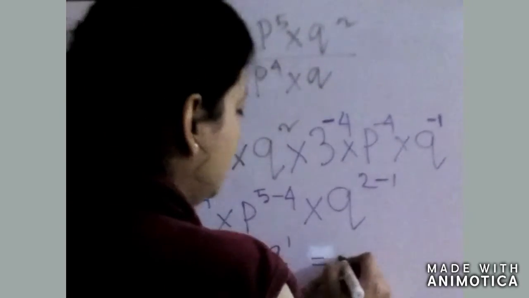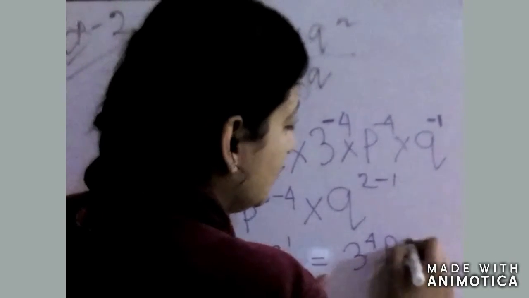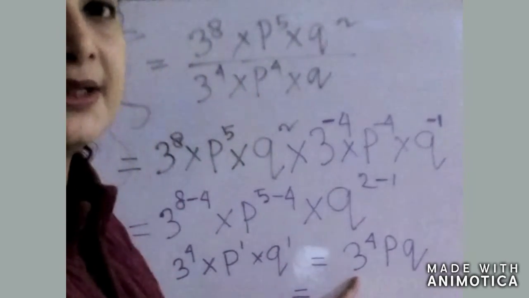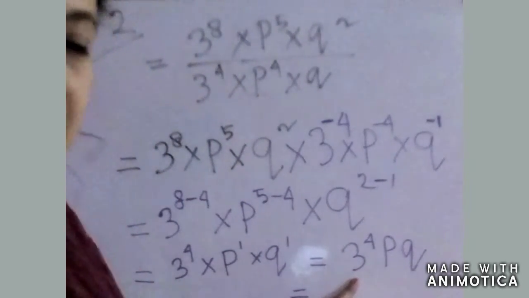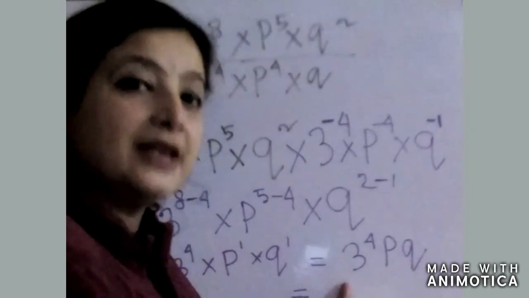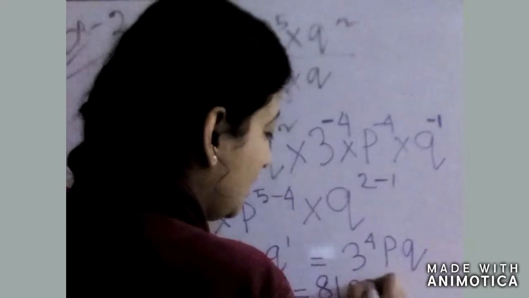So it will ultimately be 3 to the power 4 pq, and 3 to the power 4 means 3 into 3 is 9, into 3 is 27, into 3 means 81. So it will be 81 pq.